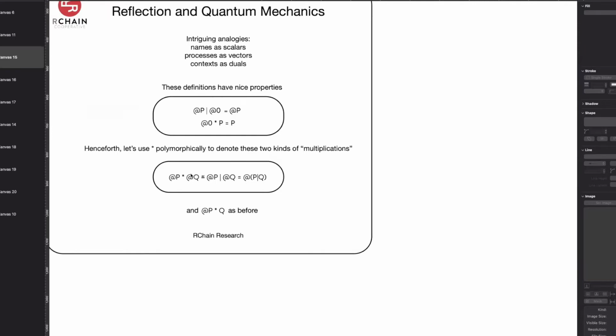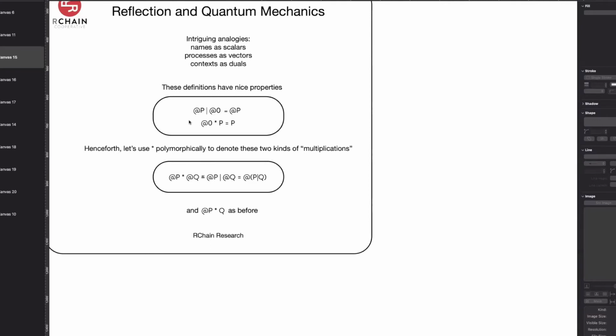So we're just going to use star, the normal multiplication, polymorphically for all of the different ways that we think about it as a multiplication. So hopefully that's clear, right? And we're justified in this because there's an identity, it's associative, and it turns out also to be commutative, right?